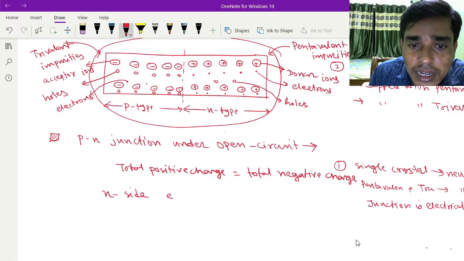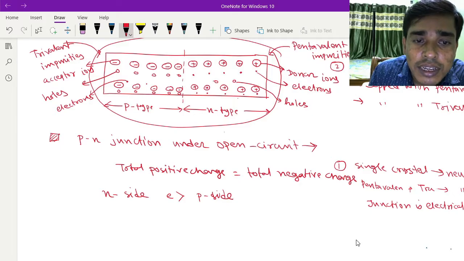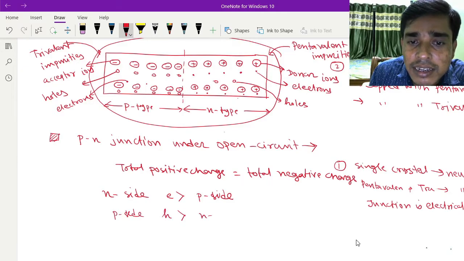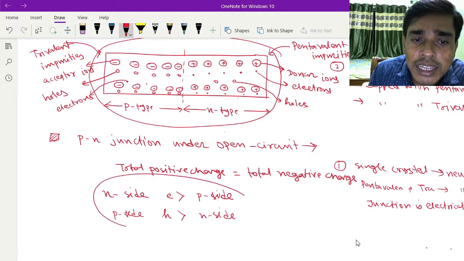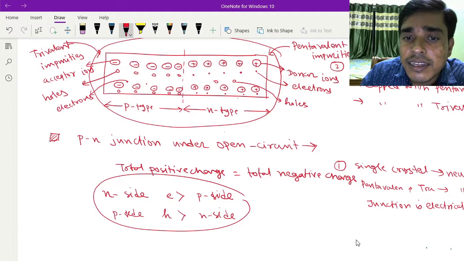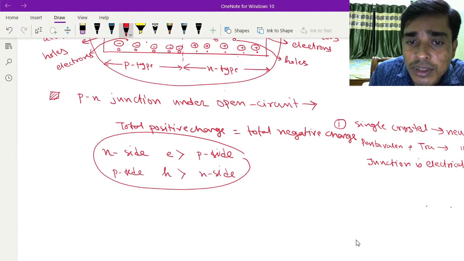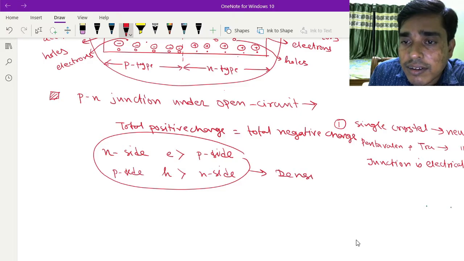The electron concentration on the n side is greater than on the p side, and the hole concentration on the p side is greater than on the n side. So due to this there is a density gradient.